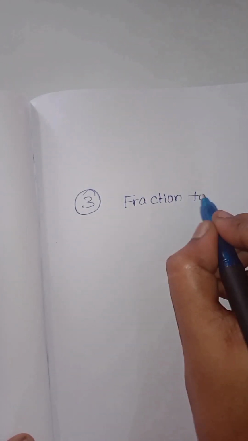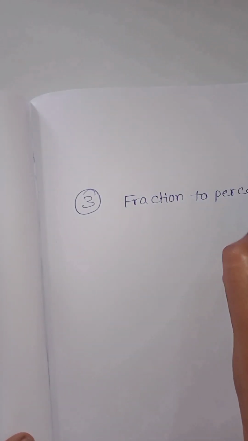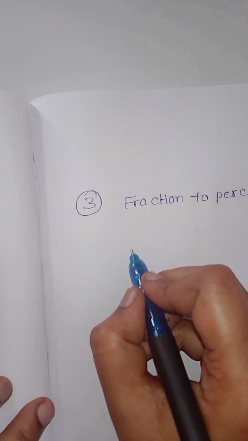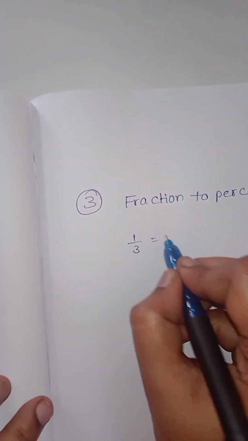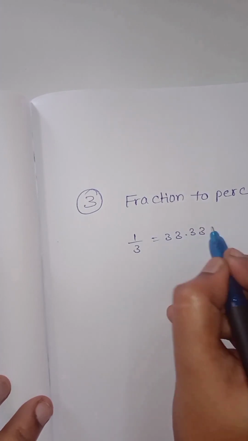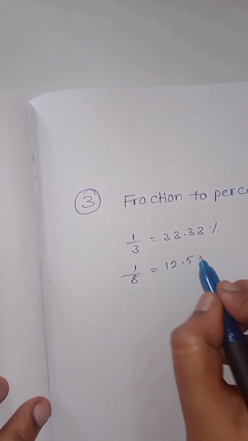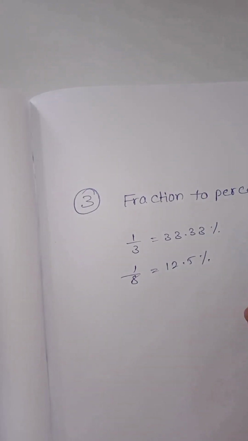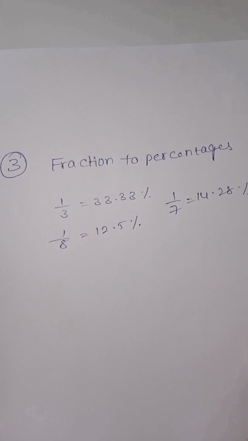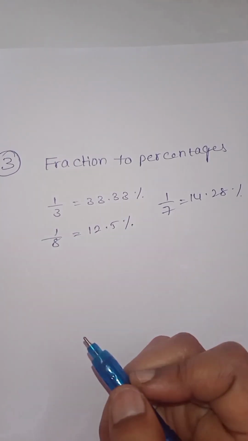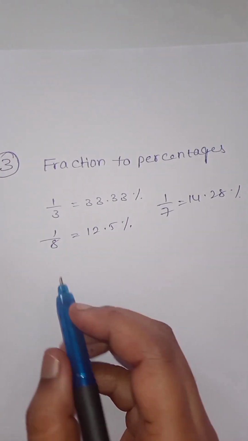And tip 3, try to learn fractions to percentages. We can get the values like 1 by 3 is equal to 33.33%, and 1 by 8 equal to 12.5%, and 1 by 7 equal to 14.28%. You get this type of values, right? If you do a mock test, you can get these values.